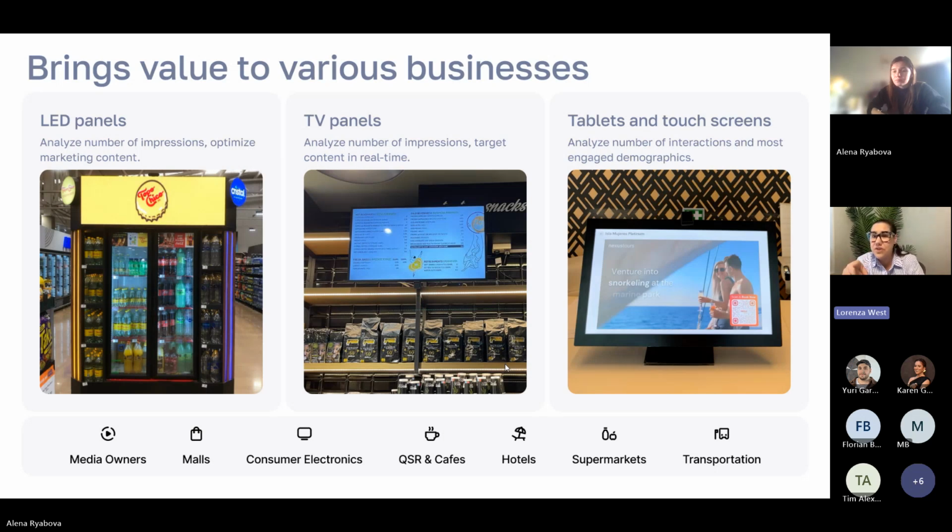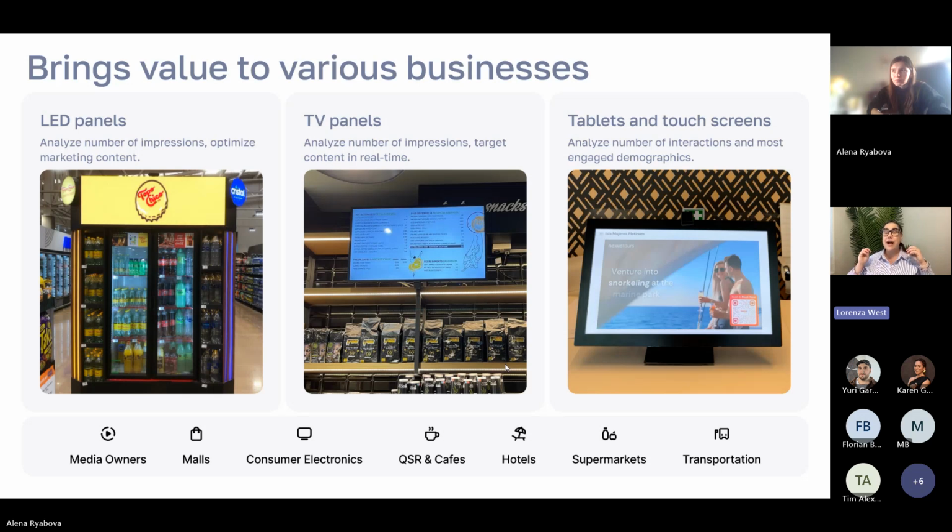Another use case for interactive touchscreens is a company that does all the totems in resorts, and these are touchscreens. What their touchscreens are doing is allowing you to purchase day excursions, and it's collecting all the data. So now we can see what excursion they spent the most time looking at, which one they actually ended up buying, and we're collecting that demographic data.